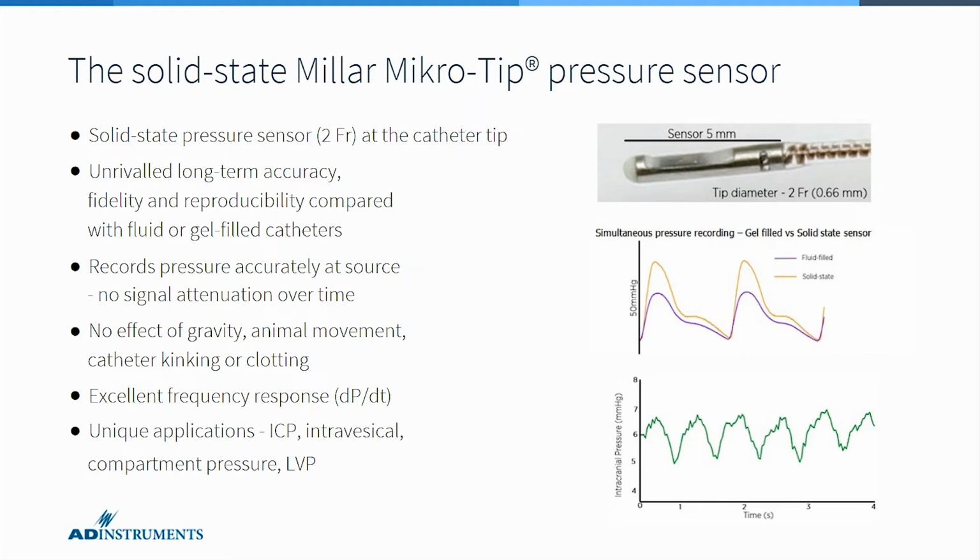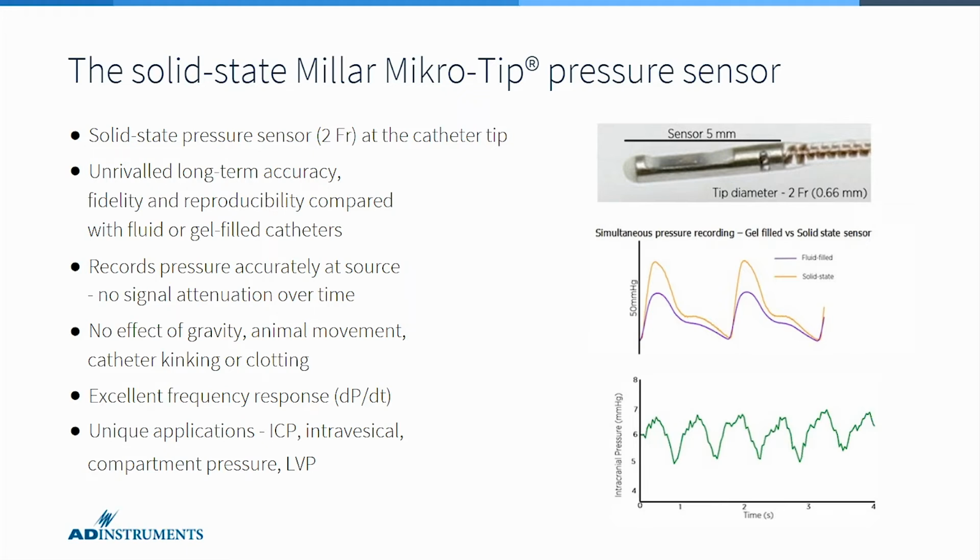And the reason for this is that pressure is actually recorded directly at the source where this sensor is implanted. So this is at the end of the catheter. If you're recording arterial blood pressure, for instance, this part of the catheter is implanted in the artery, and you're recording the signal directly. This small window here is how the pressure waveform is detected.